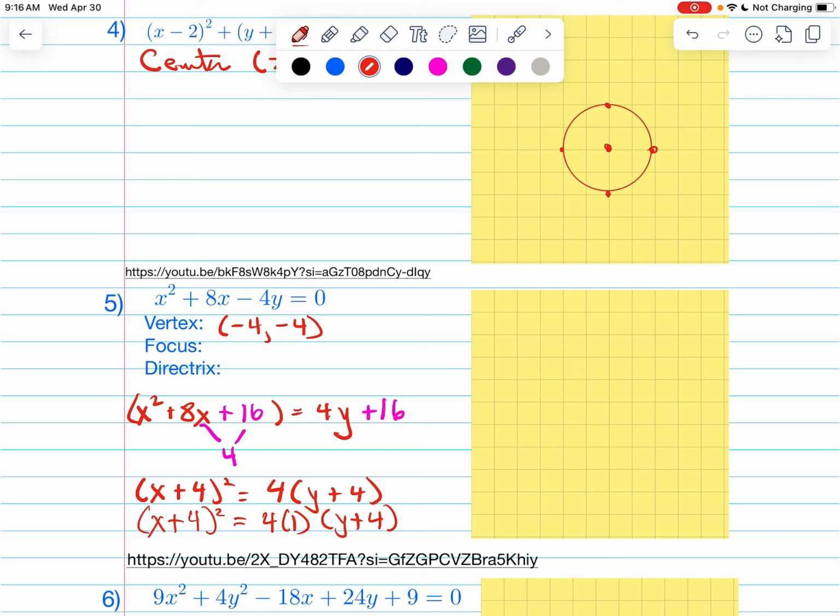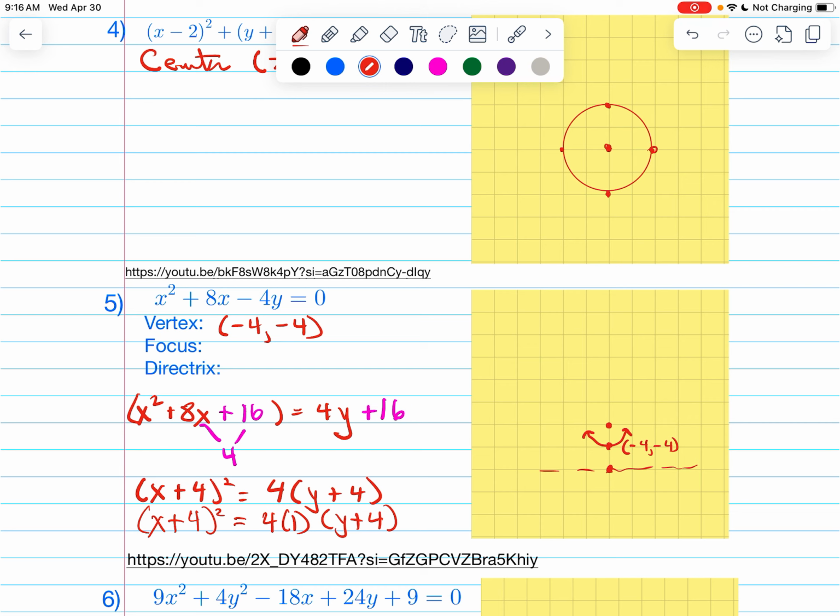The vertex, see, so here's negative 4, negative 4. I'm going to go up 1 from there and down 1 for the directrix. And it's going to look like this.